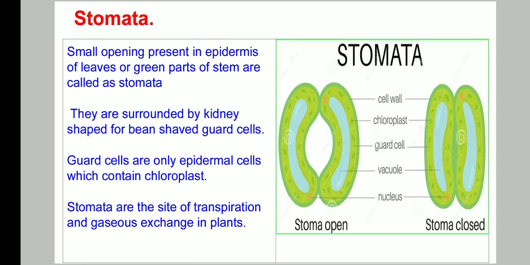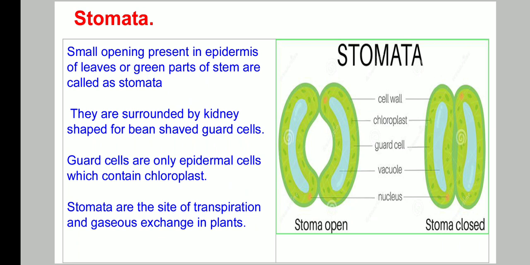Now let us discuss stomata, which are found in the epidermis. You are all aware of stomata, and let us see them again. The small openings present in the epidermis of the leaf or the green parts of the stem are called stomata. Generally, stomata in dicot plants are found on the underside of the leaves, the lower epidermis, and in monocots they can be found on both sides.